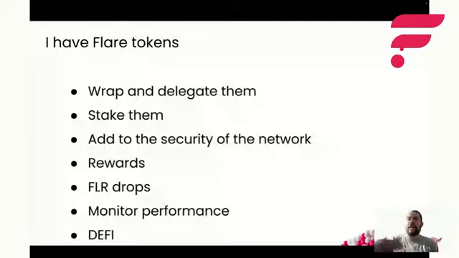And as I said before, you should always monitor the performance of your validator and data provider, and make sure that they're on top of their game. Otherwise, go to somebody else and make sure that the network is correct. The easiest way to do it is to use FLR Portal, where you can easily see who you are, what your balances are, who you're delegating to, and you can also claim delegation and FLR drop rewards.